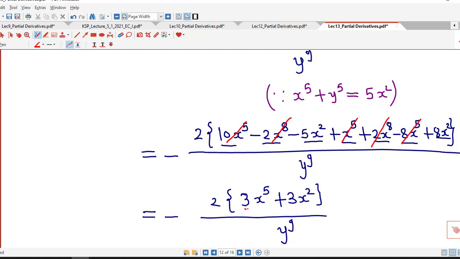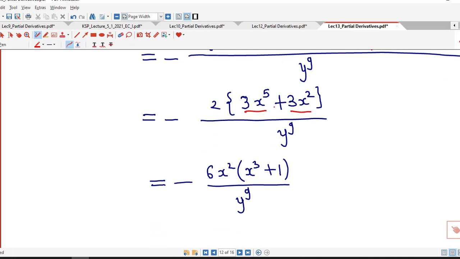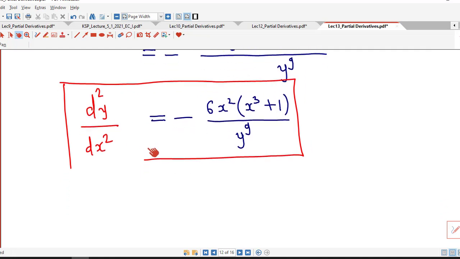So 11 minus 8 is 3x raised to 5, and minus 5x square plus 8x square, which is 3x square, and we can take 3 common and x square can also be taken common. So if we take 3x square common, we have 3x square into x cube minus 1 divided by y raised to 9. So this is the formula for the second order derivative of y with respect to x if y is given implicitly as a function of x.